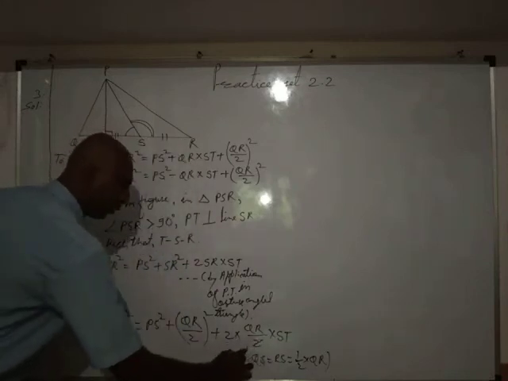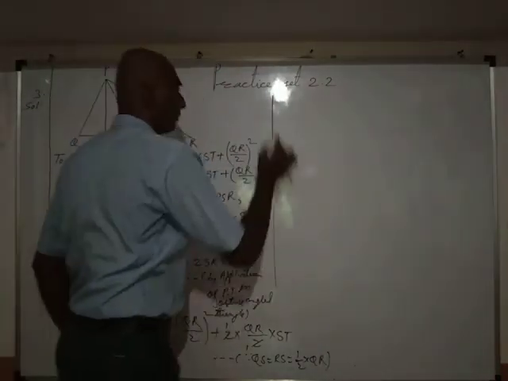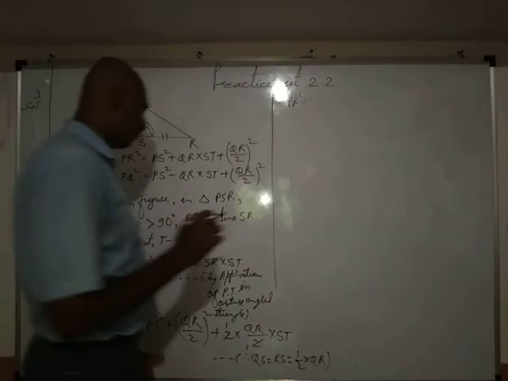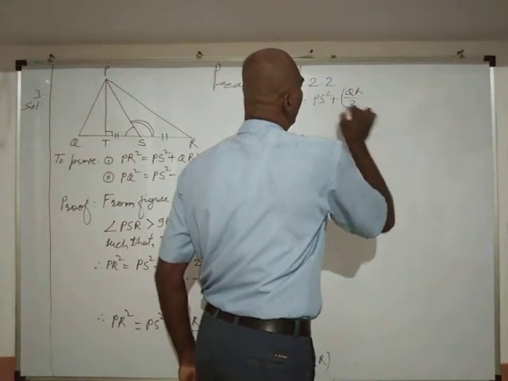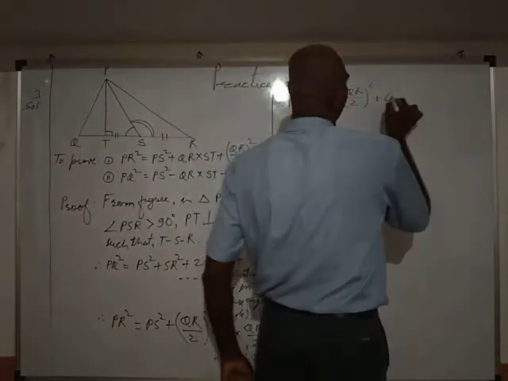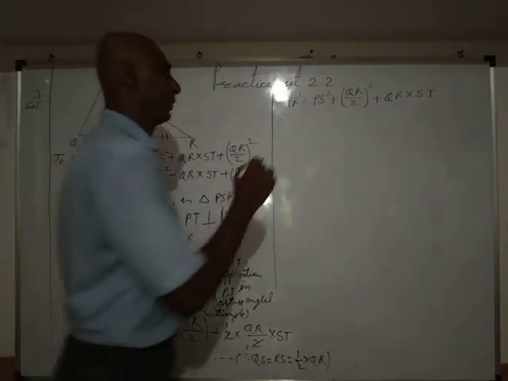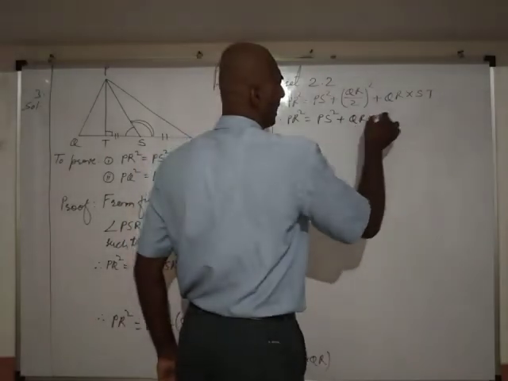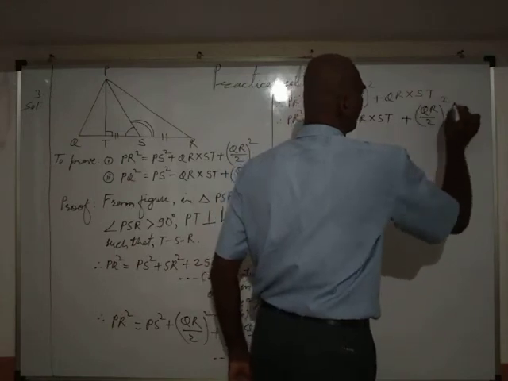Now here the 2 ones are 2, and the 2 will get cancelled, and therefore PR square equals PS square plus (QR upon 2) its square plus QR into ST. On rearranging terms on the right side we get PR square equals PS square plus QR into ST plus (QR upon 2) its square.